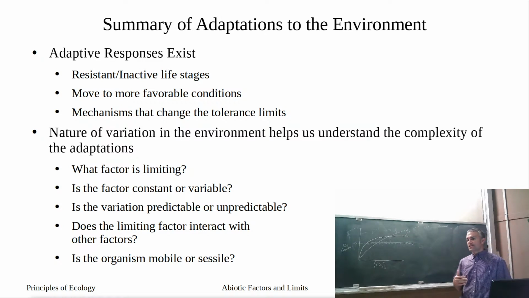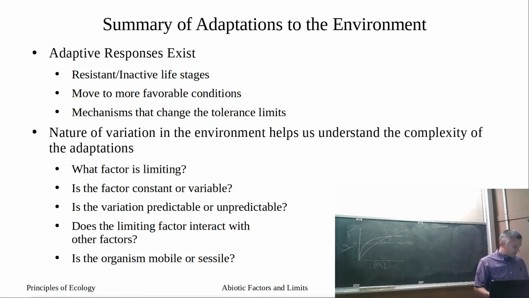The variation in the environment dictates what kind of adaptations we'll see. So if we know that type of variation, what's causing it, what's its frequency, is it predictable or not predictable, it helps us better understand all of the adaptations that we see out there.